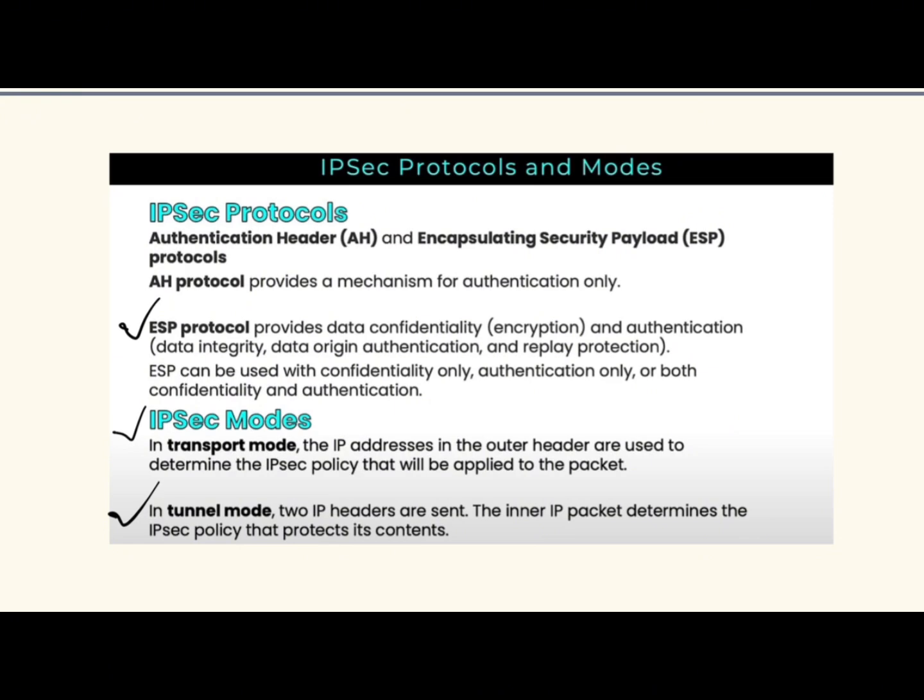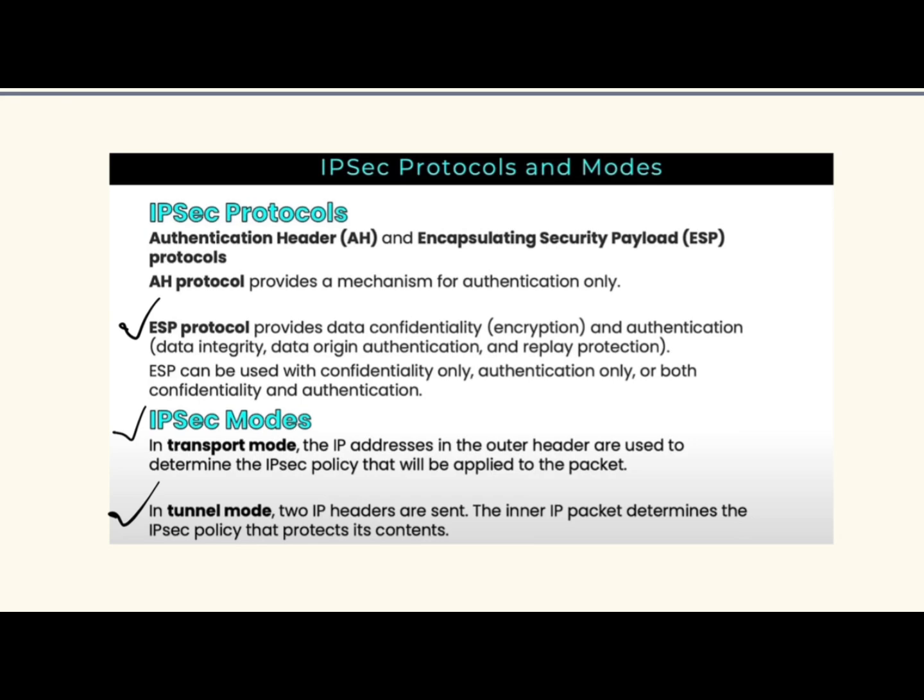AH is only for authentication and ESP for encryption. AH is for integrity only and ESP is privacy plus integrity. So in ESP we can enable both authentication as well as encryption.